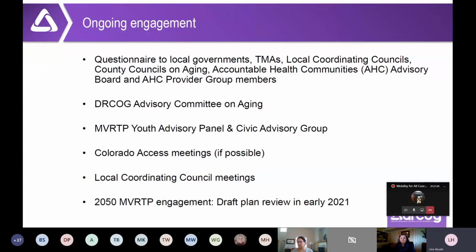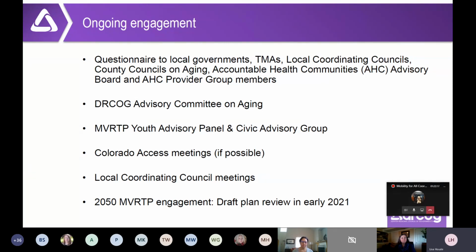Before we start the activity, I wanted to let you know the ongoing plan for engagement. That questionnaire has been sent out to many different local governments, the TMAs, the different local coordinating councils, our county councils on aging, and then our accountable health communities advisory board and provider groups. We're also going to our DRCOG Advisory Committee on Aging meeting later this week. We have a couple of advisory groups for the MVRTP, the MetroVision Regional Transportation Plan, which are also providing input.